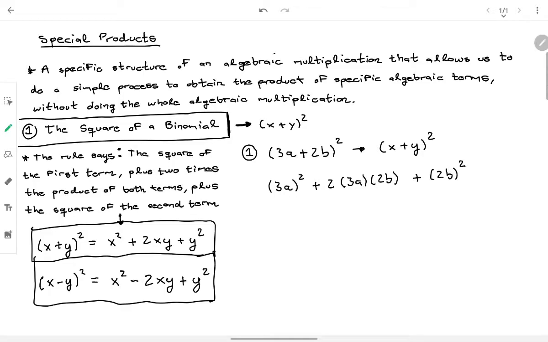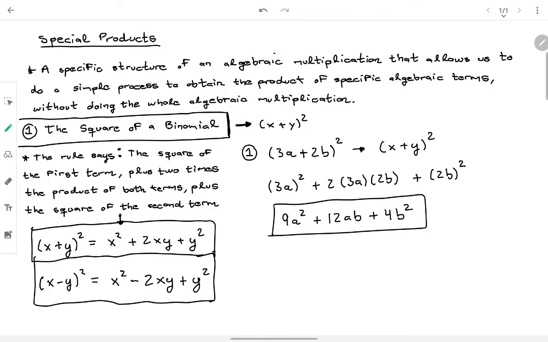So our final answer is going to be 3a to the second power, it's 9a squared, plus, in this case, 2 times 3 times 2, it's 12ab, plus, and remember 2 squared is 4, b squared is b squared. This is going to be our final answer, 9a squared plus 12ab plus 4b squared.